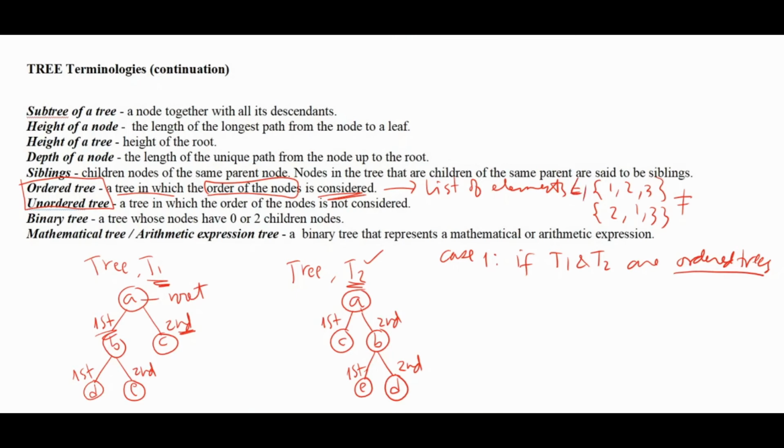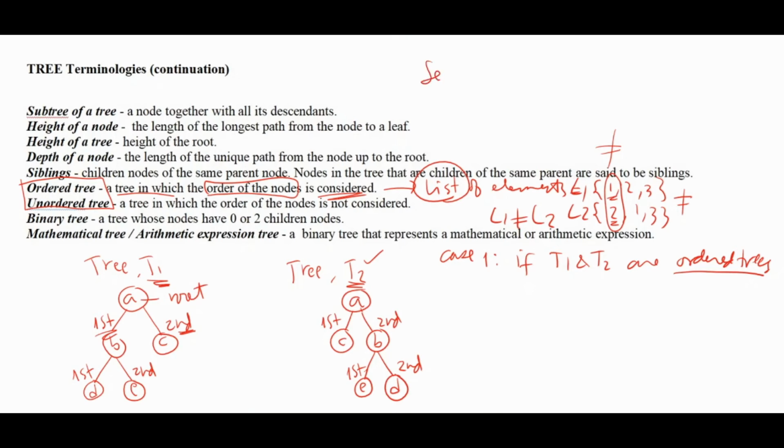Say this is L1 and this is L2. L1 is not the same as L2 because if these are lists, the order of the elements matters. And the first element here is 1. In here, the first element is 2. So they are not the same. Okay? Because the order of the elements matters or is considered.